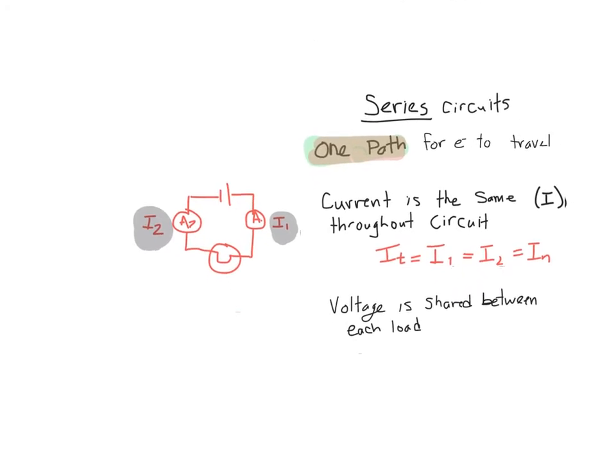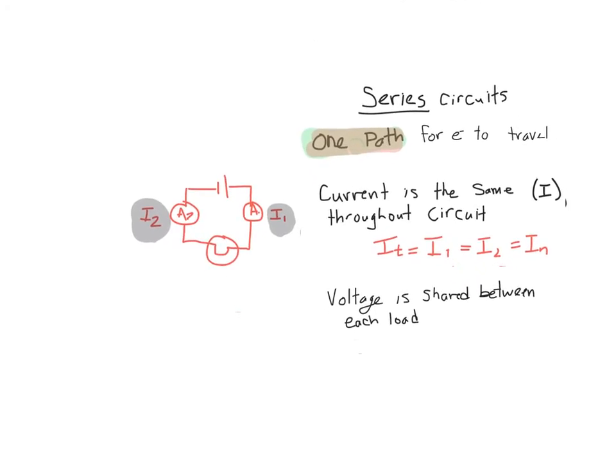Now, voltage is a bit different. Voltage is shared between each load, and the loads are always something that puts resistance on a circuit. So here we have V1, that's our load, our first light bulb.